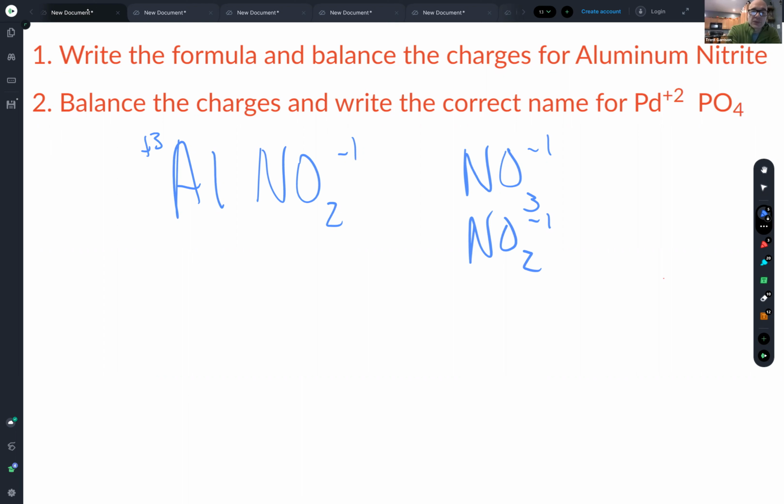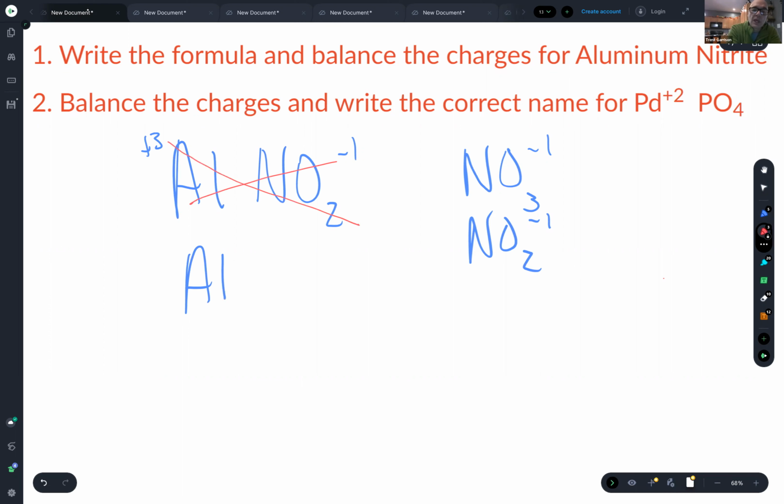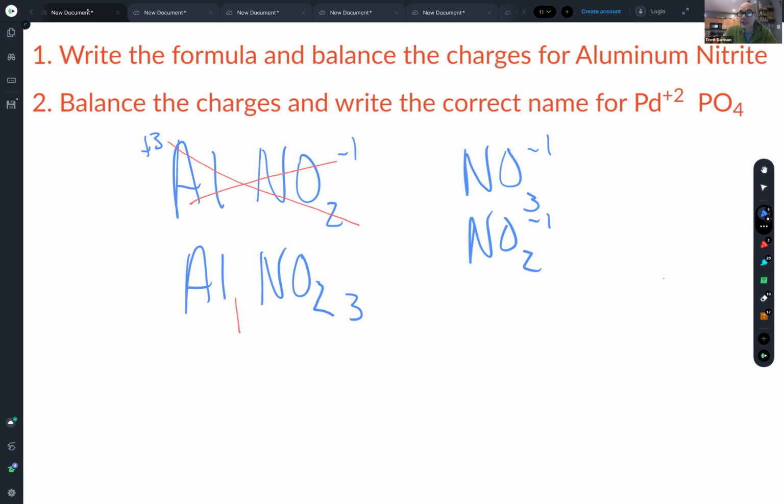But here's the difference from what we've done previously. After we crisscross, the 1 comes down. We don't need to write that. But because the 3 crosses over, if you were to write it the way I have it now, it would be NO2 3.